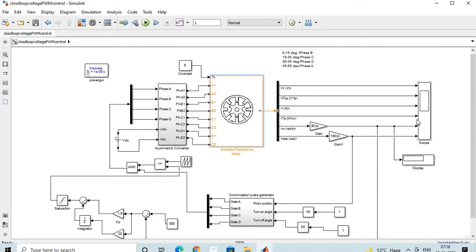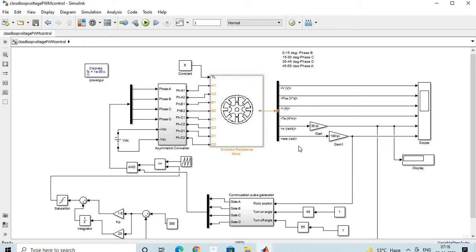For that purpose, here a scope is connected, like we are interested in observing the characteristics for voltage, flux, then current, then torque in Newton meter, and speed, which is in radians per second. So it is multiplied by a gain of 30 by pi, so that this speed in radian per second will be converted into revolutions per minute.